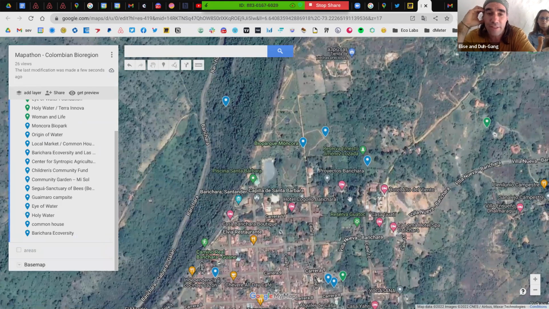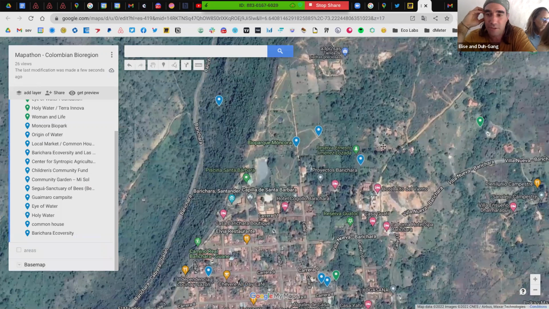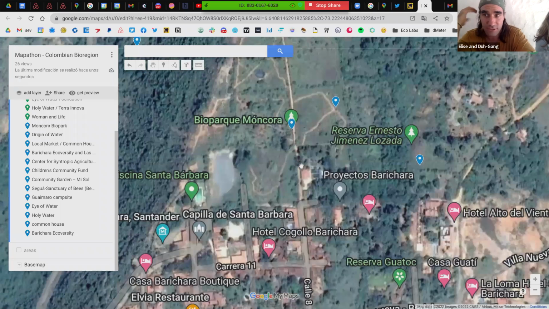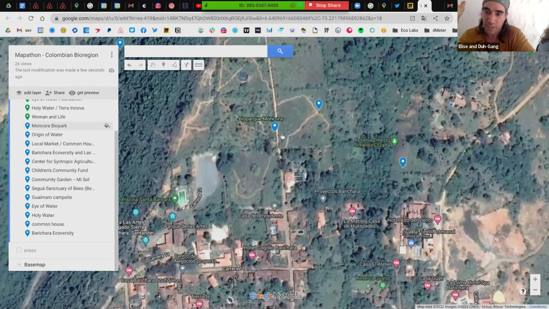Since 2009, they've been reforesting this land. While it looks really green here on the map, in 2009 it was bare rock and clay. It was completely dead after decades of monoculture agriculture and erosion that wiped away all of the topsoil. It was extremely degraded land, and it's now entering its 14th year of reforestation.